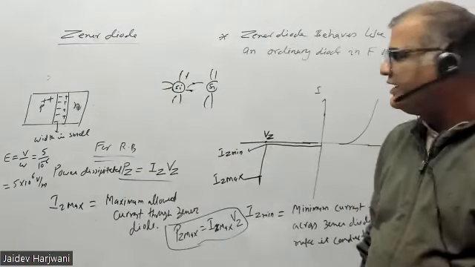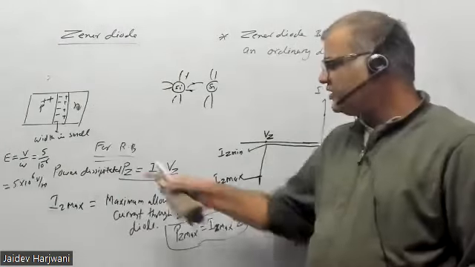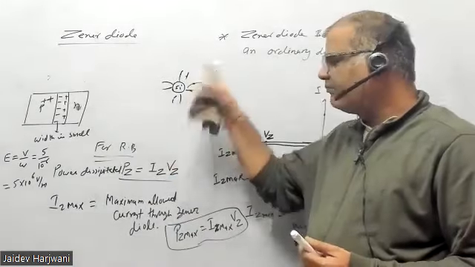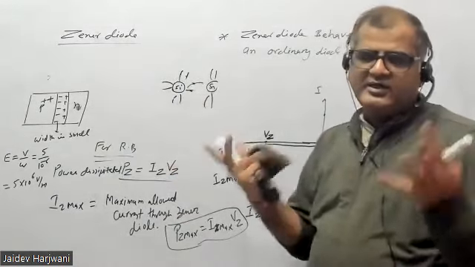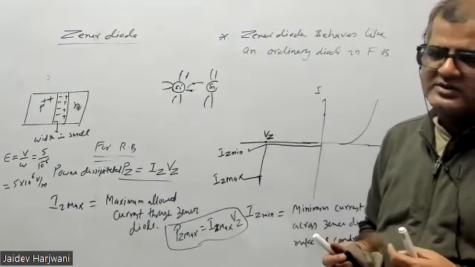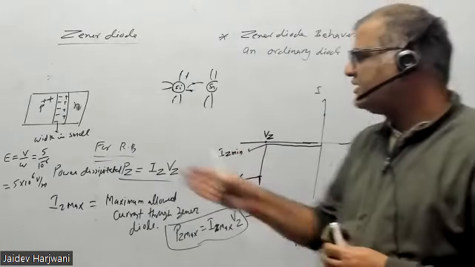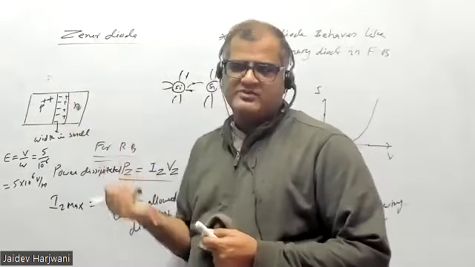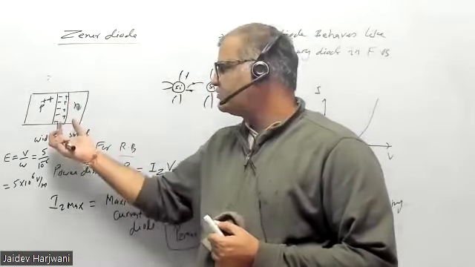When the electric field is very high and the bond gets broken, suddenly you have a large amount of free electrons. Now this region is not a barrier; it becomes like a conducting region because so many free electrons come.